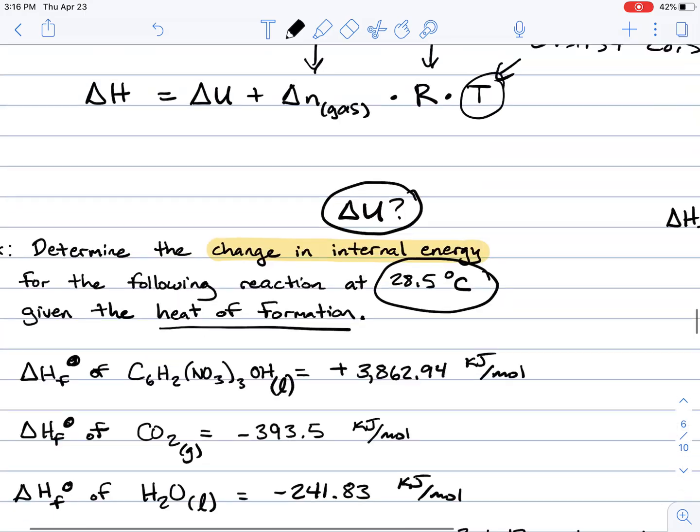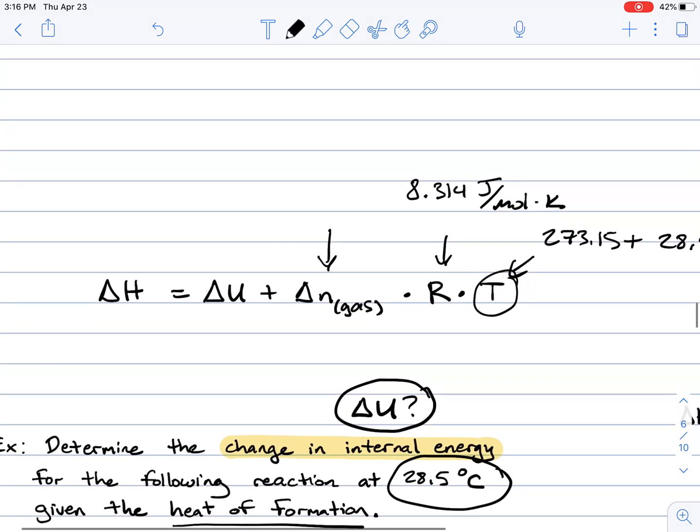To figure out the change in delta N, it's simply going to be products minus reactants. That's 15 minus 8, and when you calculate that out, that's going to be 7. So we're going to put the value of 7 into delta N.